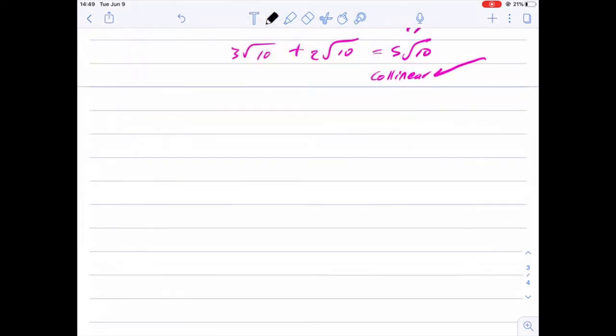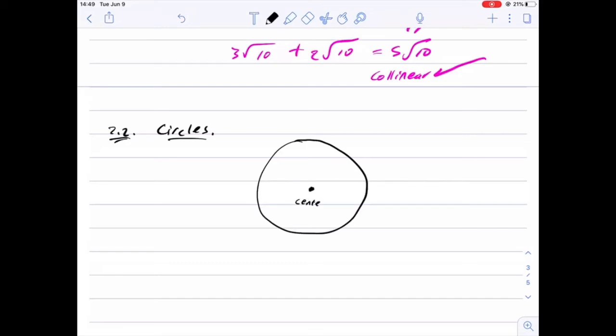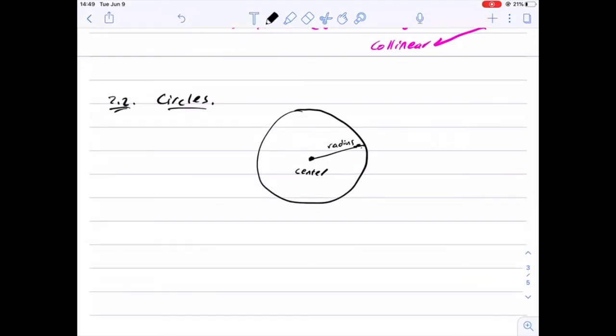The second section is about circles. Now a circle is a mathematical object that's determined by a center and a radius. So if you give me a center and a radius, I can draw a circle. And the center is given by h, k and the radius by r, and the equation that we need to remember is x minus h squared plus y minus k squared equals r squared.